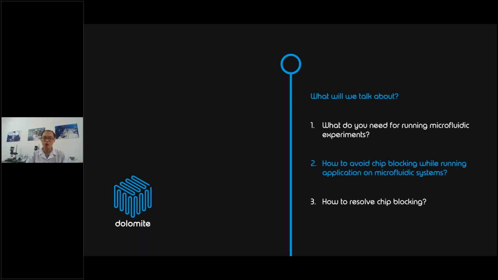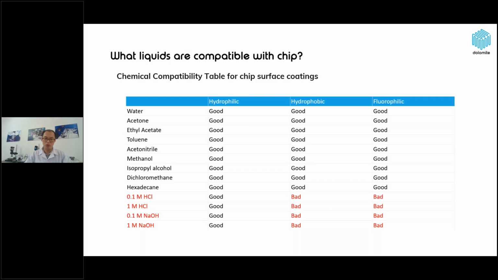So how do we avoid chip blocking while running applications in microfluidic systems? Here is a chemical compatibility table for chip surface coatings. For the three types of chip surface coating, we have a list of chemical compatibility.